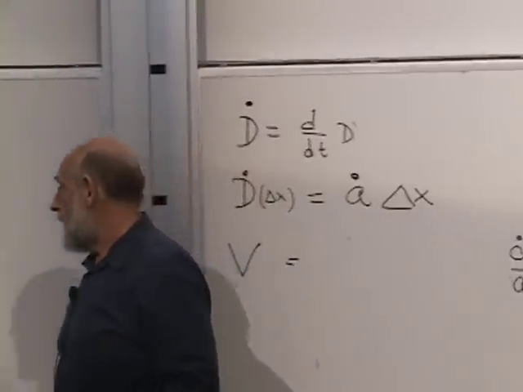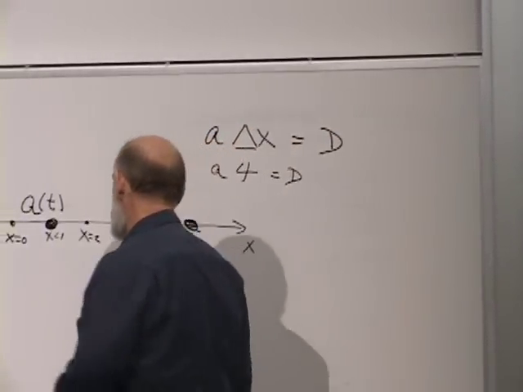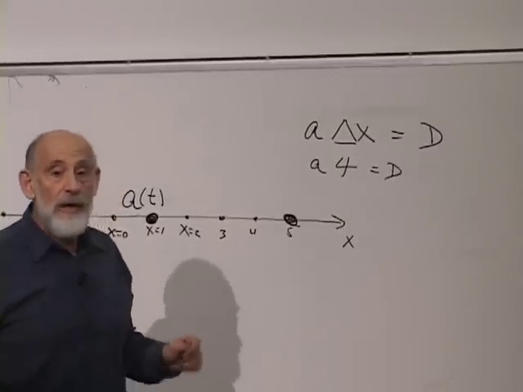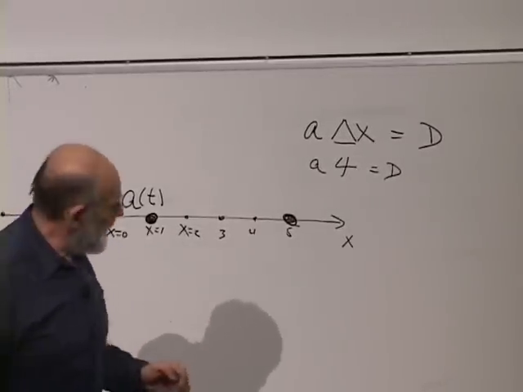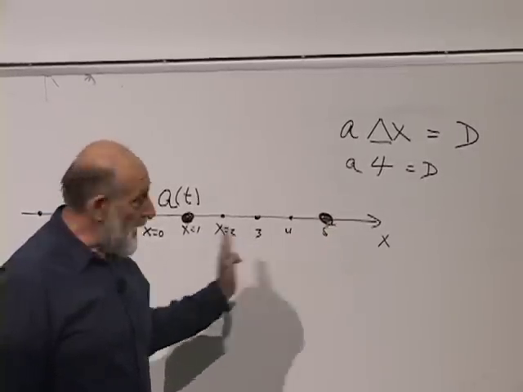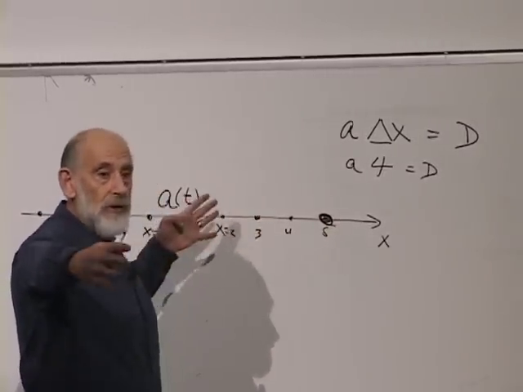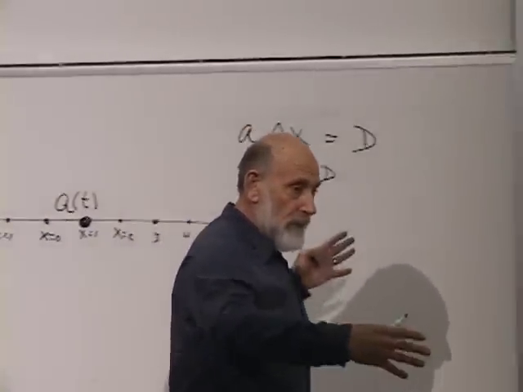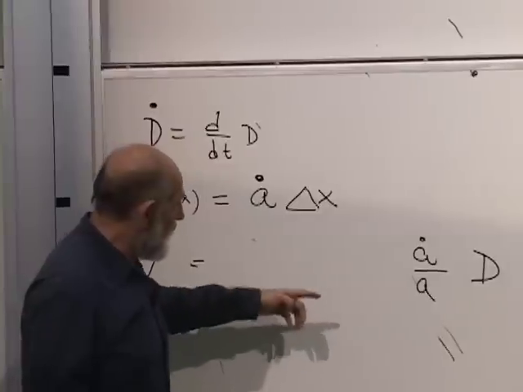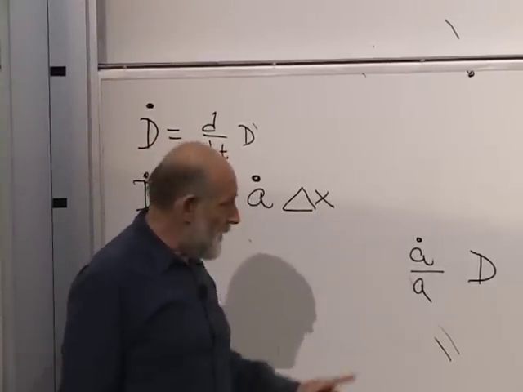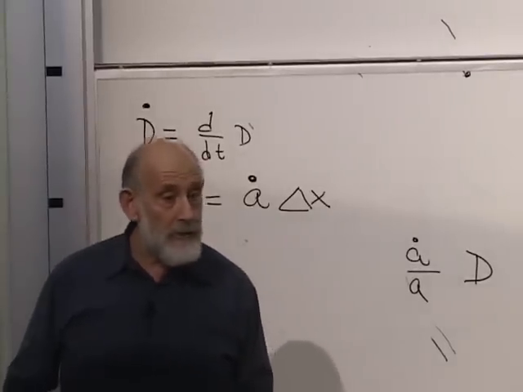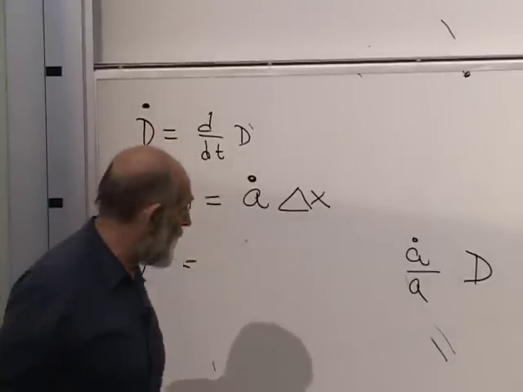A is just the distance between neighboring galaxies, but it doesn't depend on which galaxy we're talking about. So A is the same for everybody, the scale factor. It's a universal idea which everybody agrees about what the distance to his neighbor is. All right? It changes with time, but A dot over A does not depend on X. It doesn't depend on which galaxy we're talking about.